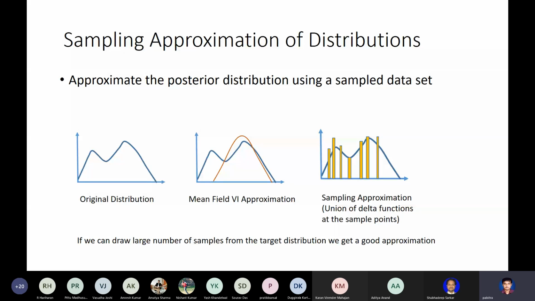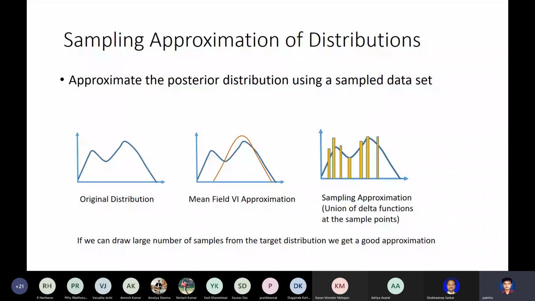Today, we'll study two techniques which will allow us to draw samples from an intractable or a complex distribution, provided we can draw samples from a simpler distribution. So for example, if you can draw uniform random numbers, you can repeatedly call that uniform random number generator to generate a sample from a complicated distribution.